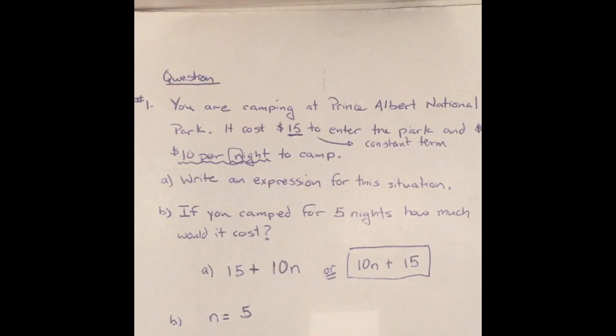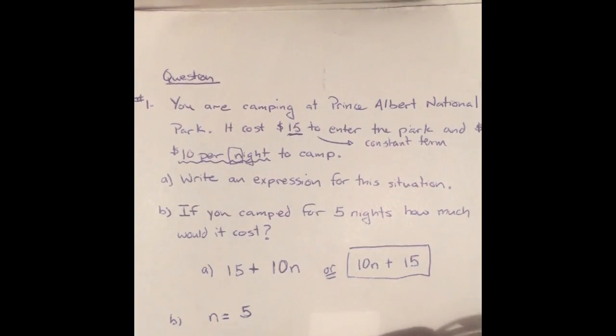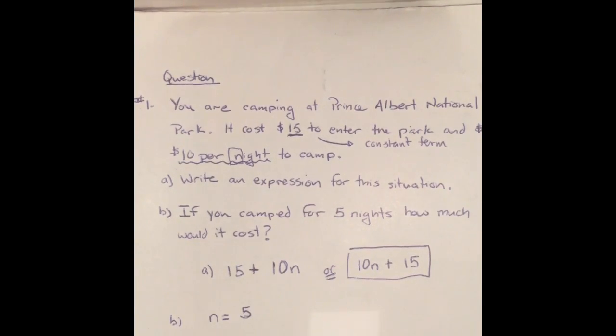So let's do the multiplication first. 10 times 5 equals 50, plus 15. Alright, so we got the first part done. 10 times 5 is 50, plus 15.